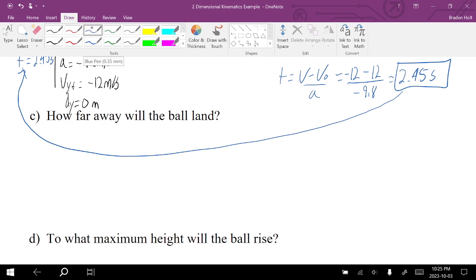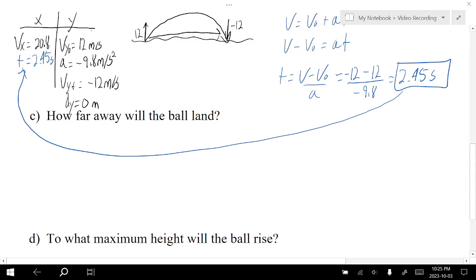So, looking at my table, I'm going to use this formula to solve for x displacement. We always use this formula in the x dimension because it doesn't have acceleration. So this says velocity is displacement over time.